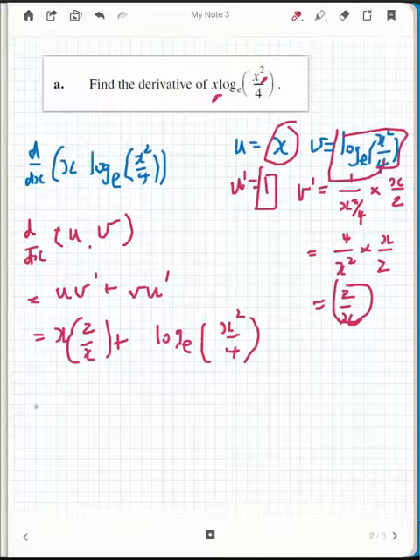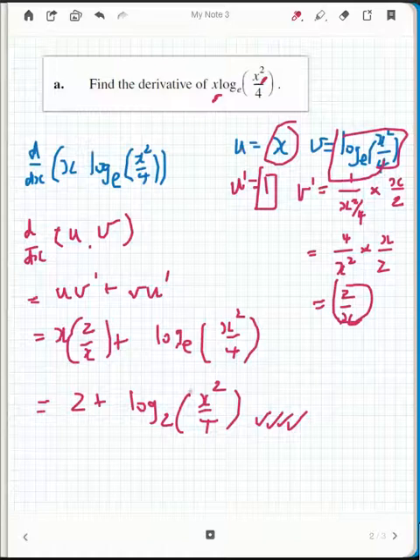Over here the x's cancel to leave 2 plus log base e of x squared on 4. And that's going to be the derivative of that. Okay, that's part A done.